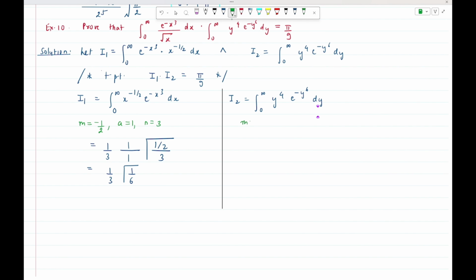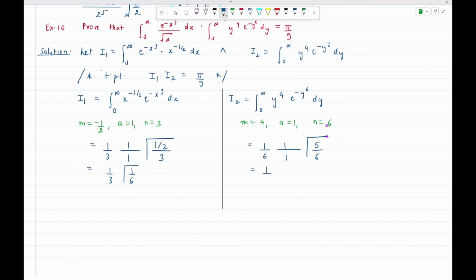So over here, the value of m is 4, the value of a is 1, and the value of n is 6. So using type 2 formula, this is going to be 1 over n, so that's 1 over 6, then 1 over a raised to, again a is 1, so since the base is 1, let's not focus much on the power of 1, and then gamma of m plus 1, so that's going to be 5, 4 plus 1 is 5 divided by n.